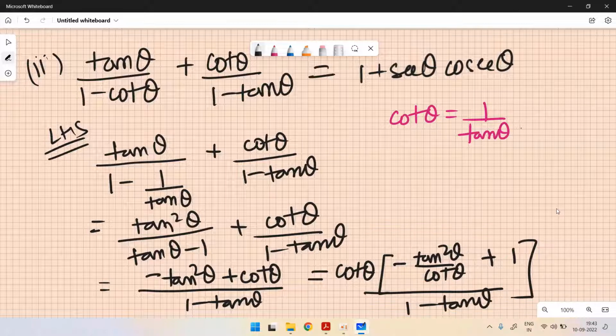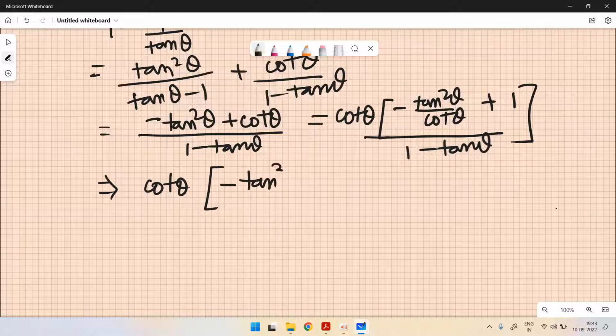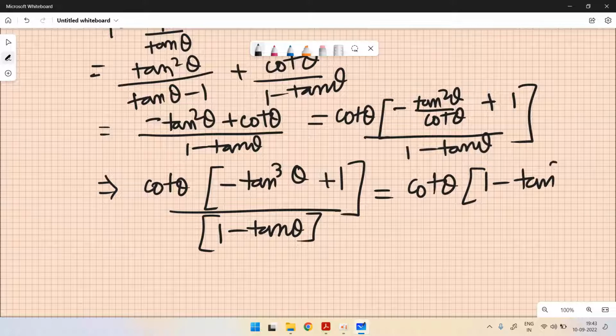You already know that 1 by cot theta is nothing but tan theta, which implies this is minus tan cube theta plus 1 by 1 minus tan theta, and you can rewrite it as 1 minus tan cube theta by 1 minus tan theta.